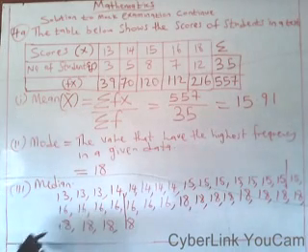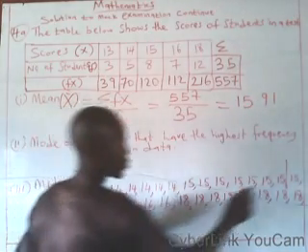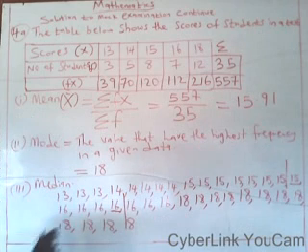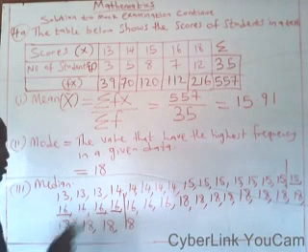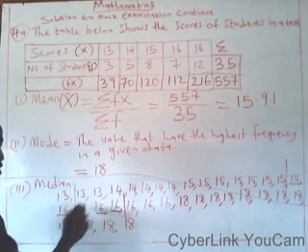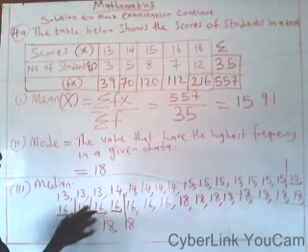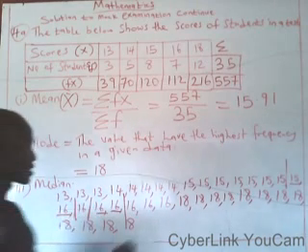Now the remaining figures that we have, let's start the counting, one after the other. If you pick one here, let's also pick another one here. In that case, the number that falls in the middle is 16.